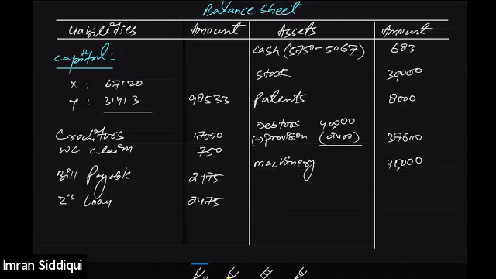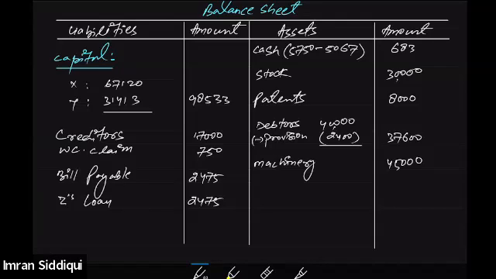So let me also do that. 98533 plus 17,000 plus 750 plus 2475 plus 2475. So on the asset side, we have a total of 1,21,233.